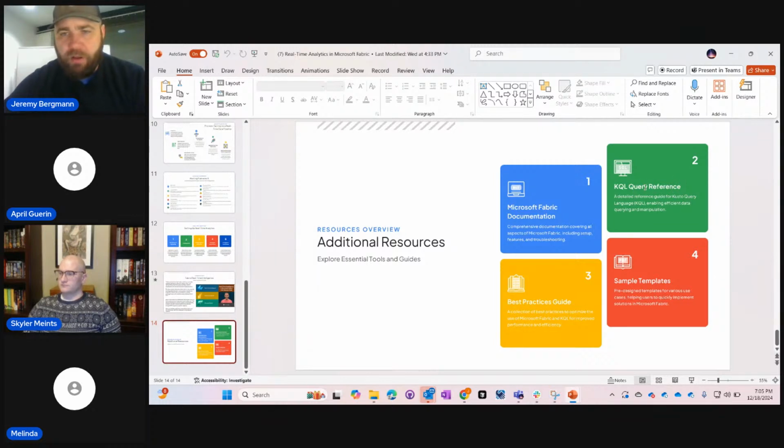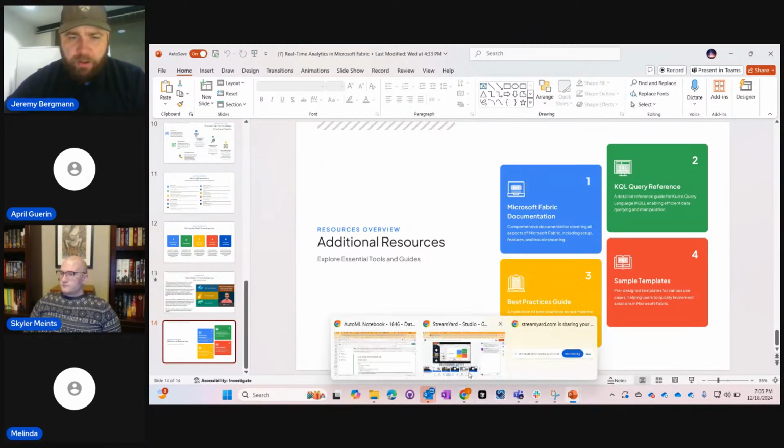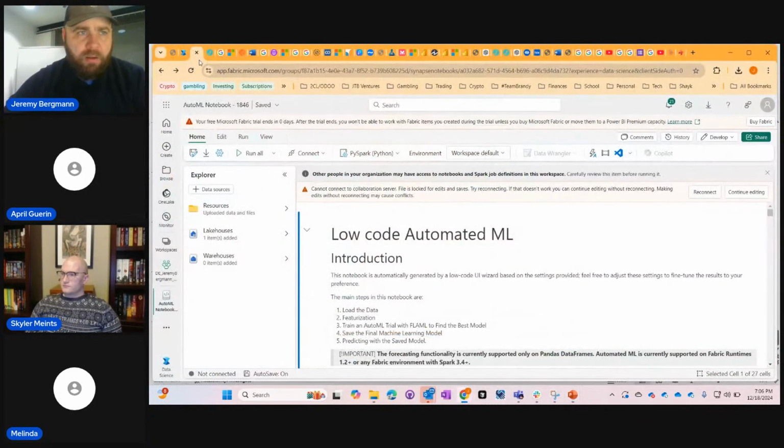But you can see those type of references on the internet, and then just any types of sample templates within Microsoft Fabric you can use. It has a few of them. I briefly mentioned that as we've gone through the modules.